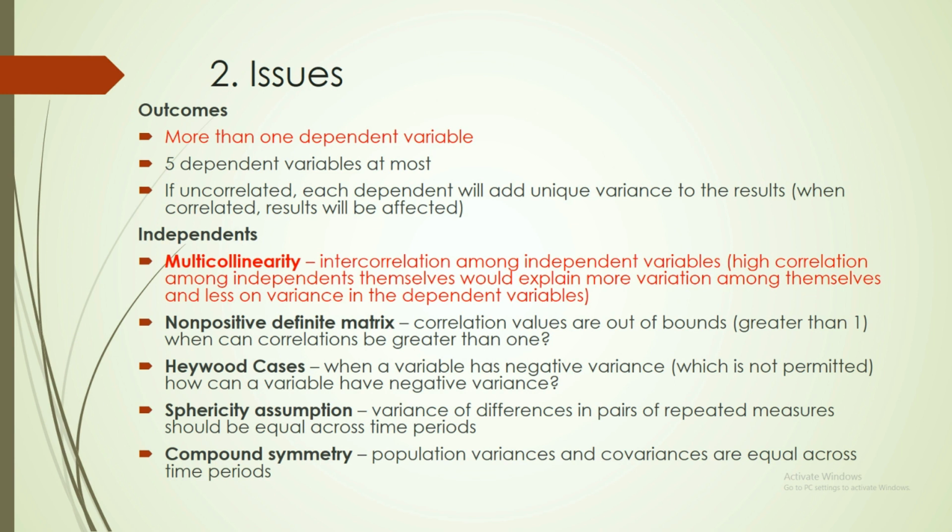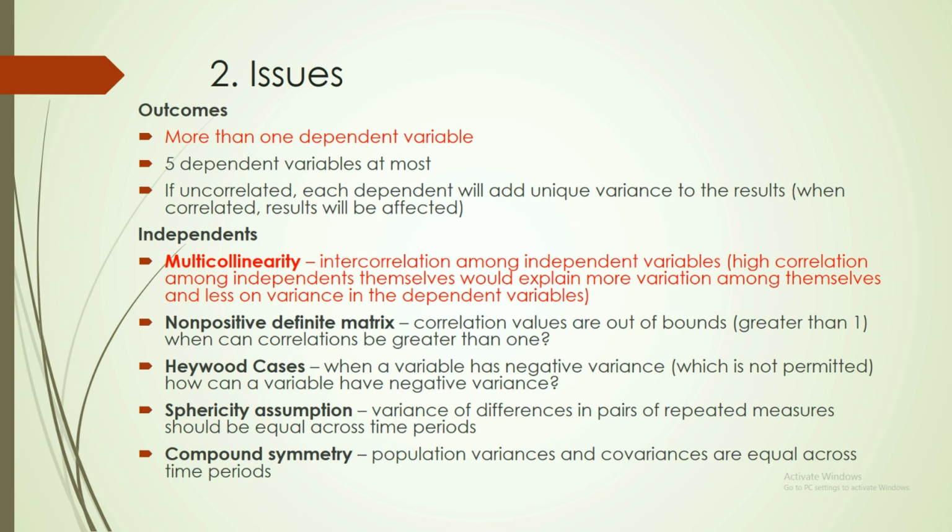So when it comes to outcomes, we can have an infinite amount of outcomes, but the higher the number of outcomes that we have, the more likely it is that we are going to have correlations between the outcome variables.